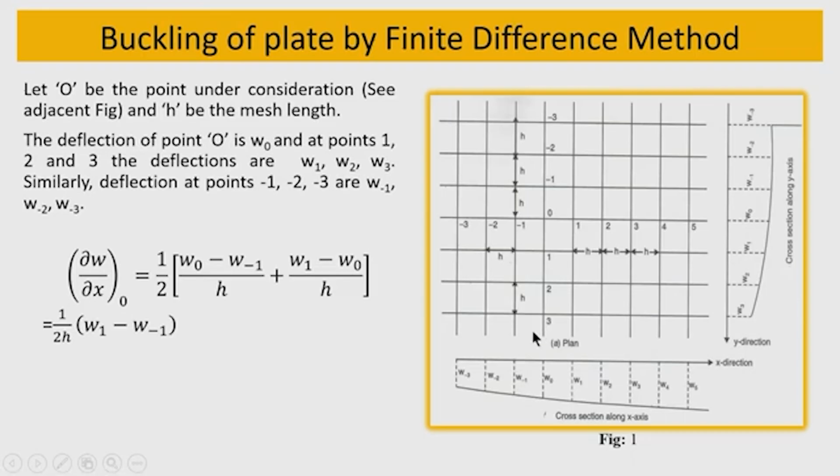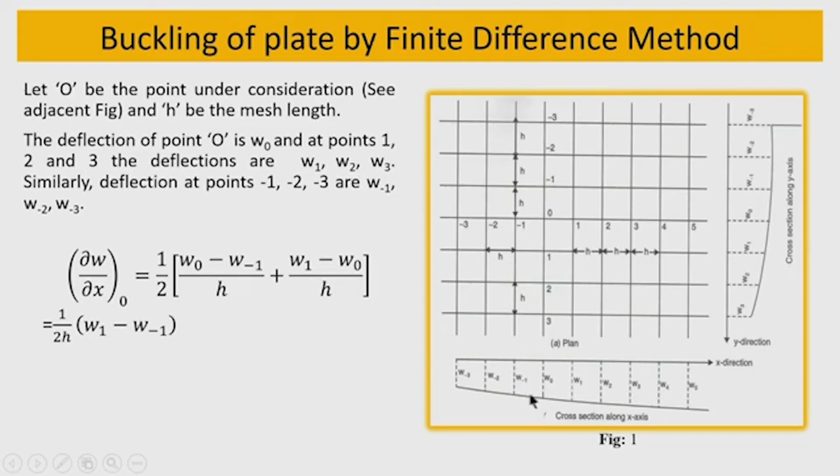Okay. So, if I consider the slope of the deflected surface along the x direction at node 0, you can see that the deflection magnitude here is W naught and here it is W 1. So, from W naught to W 1 there is a variation of displacement and therefore the slope exists, and similarly in the negative direction, W minus 1 is the deflection at node minus 1.